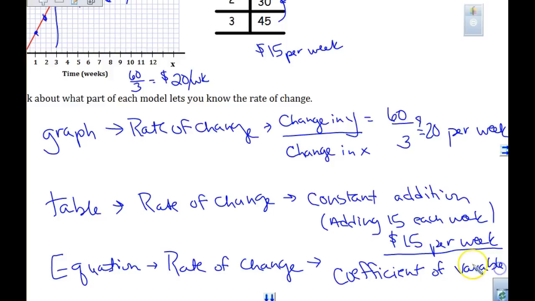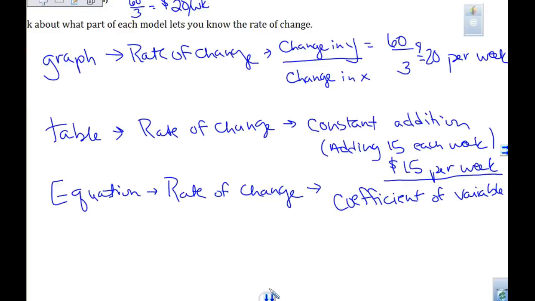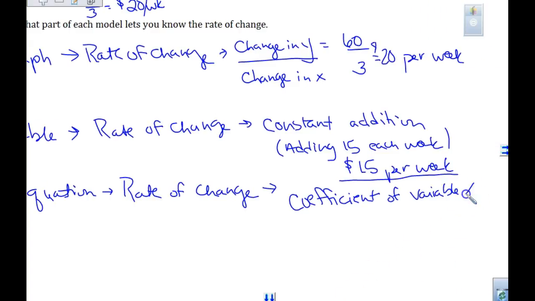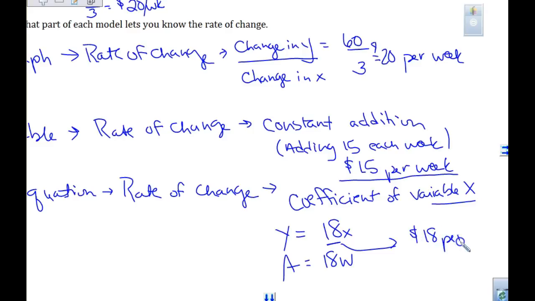When we talk about the coefficient of the variable, we're actually referring to the coefficient of the variable x. So when we look at y equals, in this case, 18x, and I think they had a equals 15w, or 18w, this coefficient is telling us $18 per week. Okay? So when you look at that, it's the coefficient of your variable.